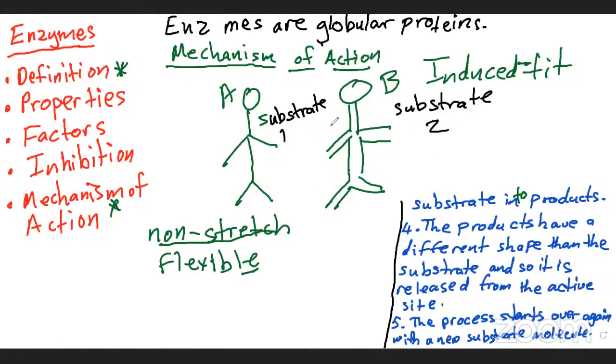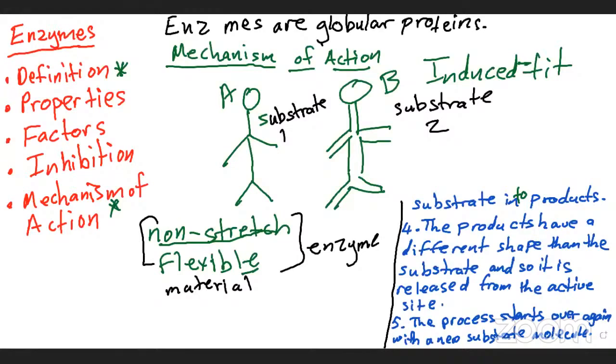But it doesn't matter how they shape the enzyme. The flexible material is the enzyme. So it will fit either person because it will just change its configuration to fit the person. I'm just checking: do you understand it?